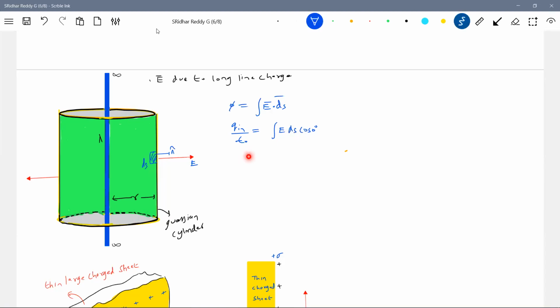Then, what is the net charge enclosed? Lambda into L. E is constant at all points, so integral of ds. What is integral of ds? Area of lateral surface. It should be equal to 2 pi rL.